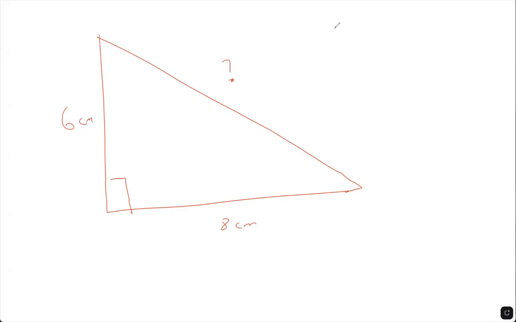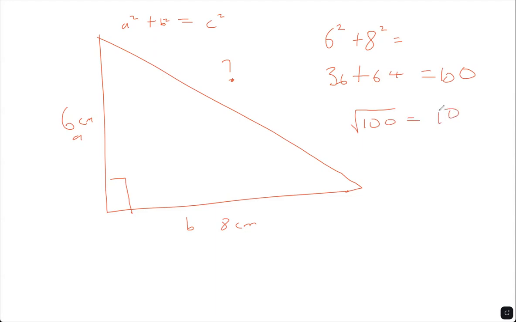That gives you 6 squared plus 8 squared. This is a and this is b, so a squared plus b squared equals c squared. So 36 plus 64 equals 100. Then you square root 100. That gives you 10. So that means this side is going to be 10.